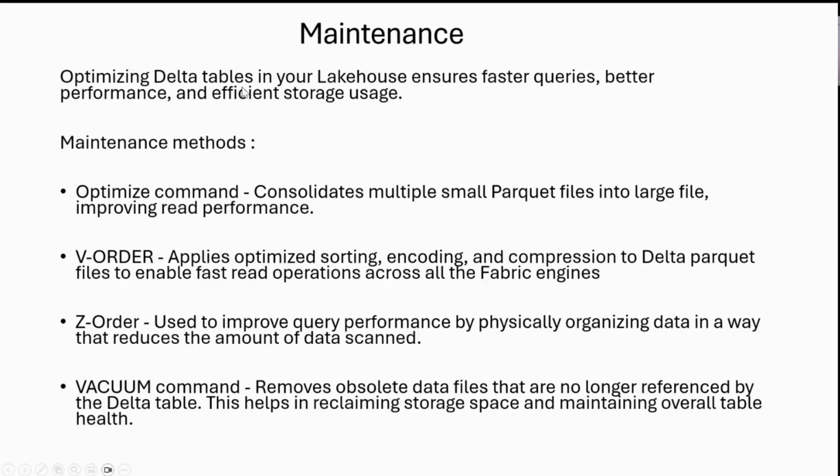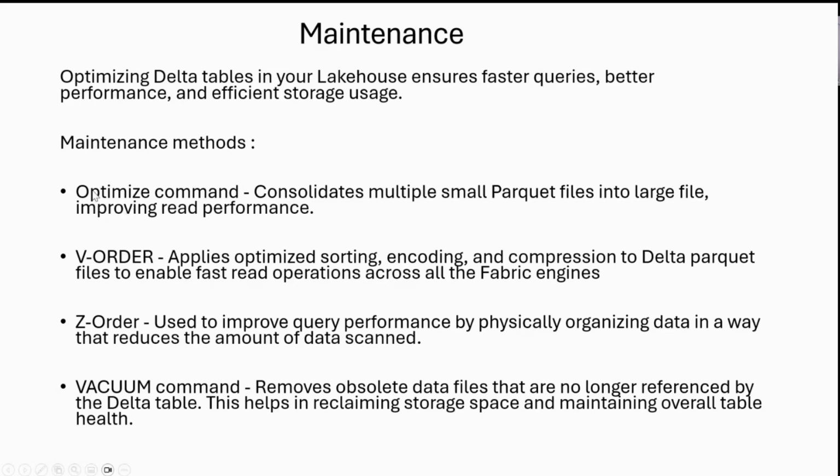So optimizing delta tables in your lakehouse ensures faster queries, better performance and efficient storage usage. Correct? Imagine that rather than scanning 100 different files, I have to just scan one file. Isn't that much more performant and efficient, and in turn would provide a faster query output? For that, there are multiple maintenance methods available in Microsoft Fabric.